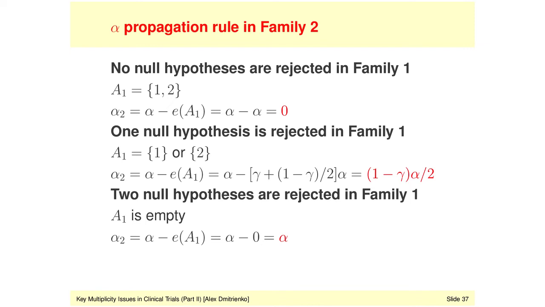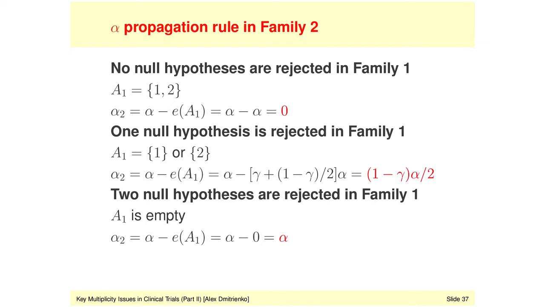In this case, just like we did in Module C, we're going to apply the error rate function of the truncated Hochberg procedure from the first family. This error rate function is denoted by E, and this is a function of the set of accepted hypotheses in the first family.